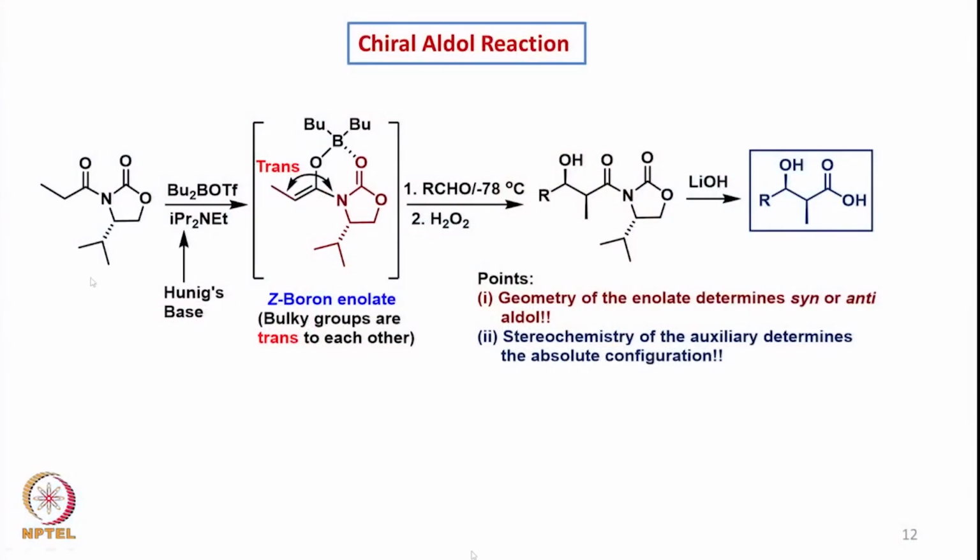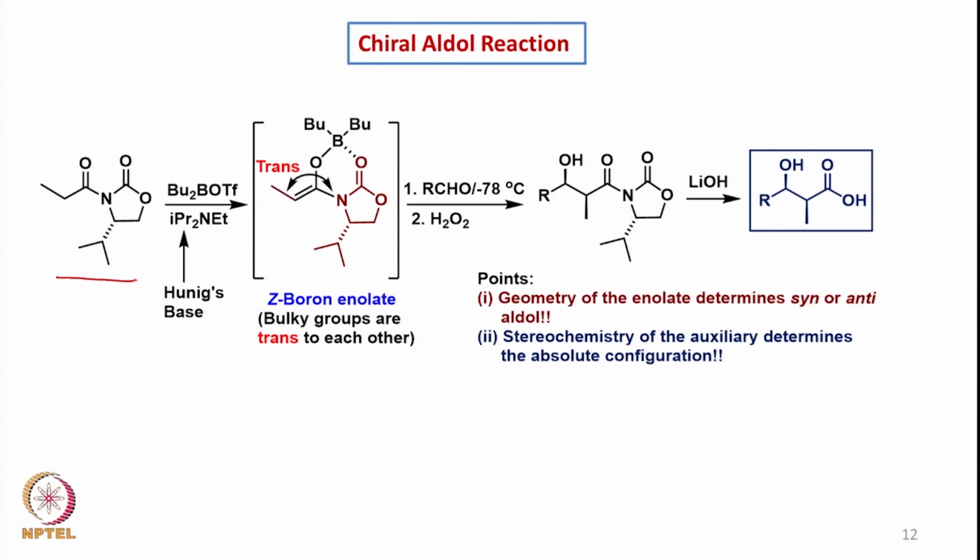Now we look at the chiral aldol reaction. We saw so far chiral reactions, but that was alkylation reaction. Now the chiral aldol reaction is somewhat complex, so we will have to look at it very carefully. The same way as we did in the earlier case, we start with this particular product which is formed from the oxazolidinone auxiliary in which the isopropyl group is alpha oriented.